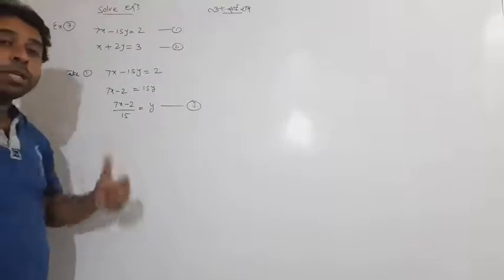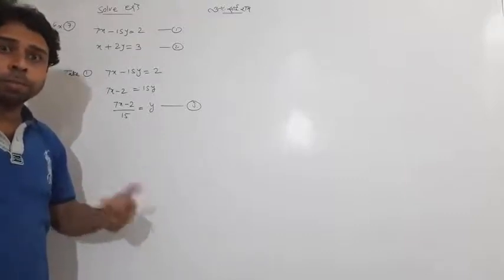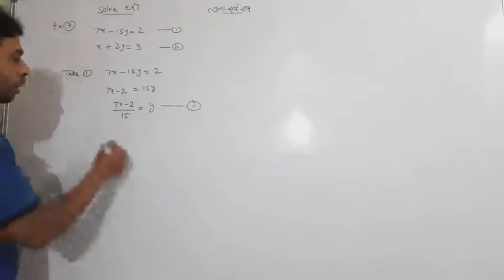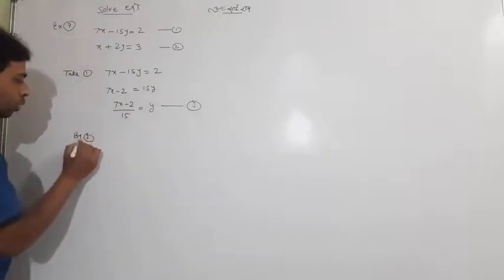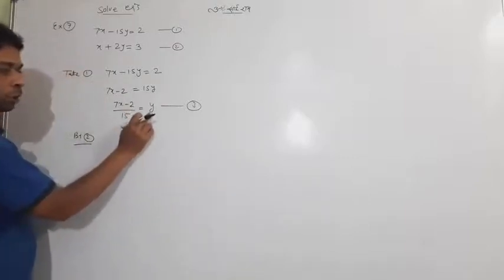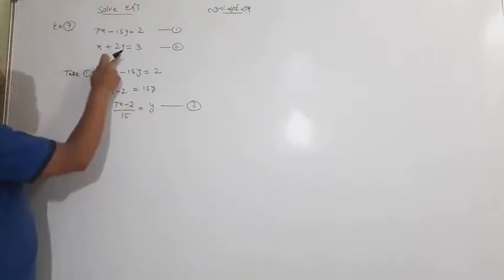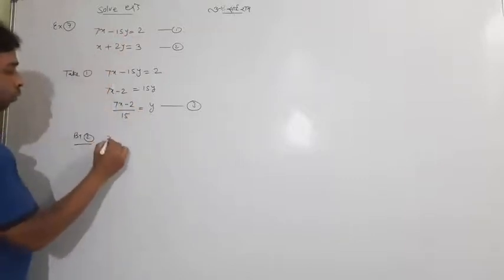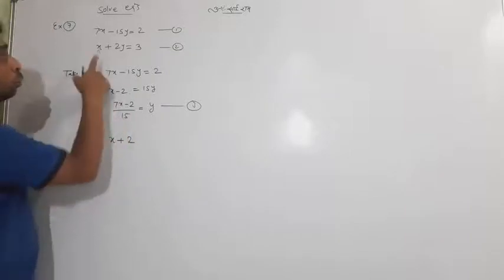Now the meaning of the method of substitution is simple. Substitution means you have to put this value in the second equation. Now in equation 2 you have to substitute. That's why it is called the substitution method. You have to substitute y in the second equation because first you got this. Now in the second equation: x plus 2 into y.